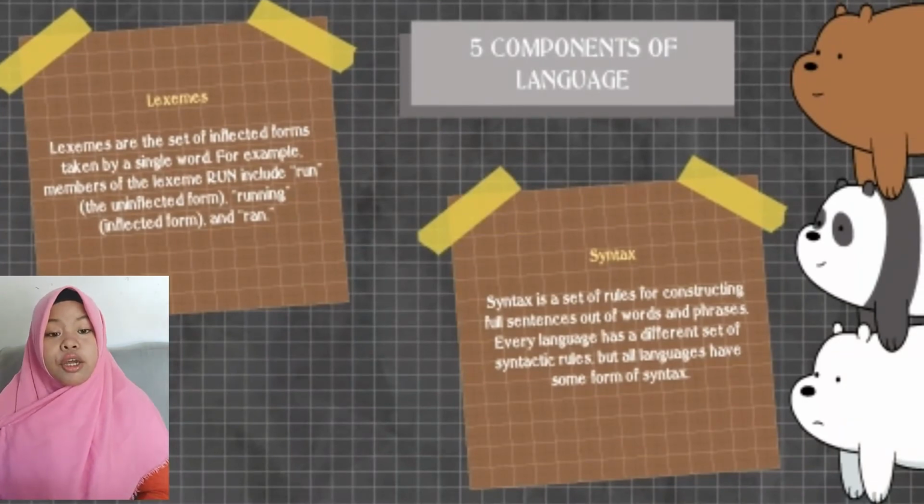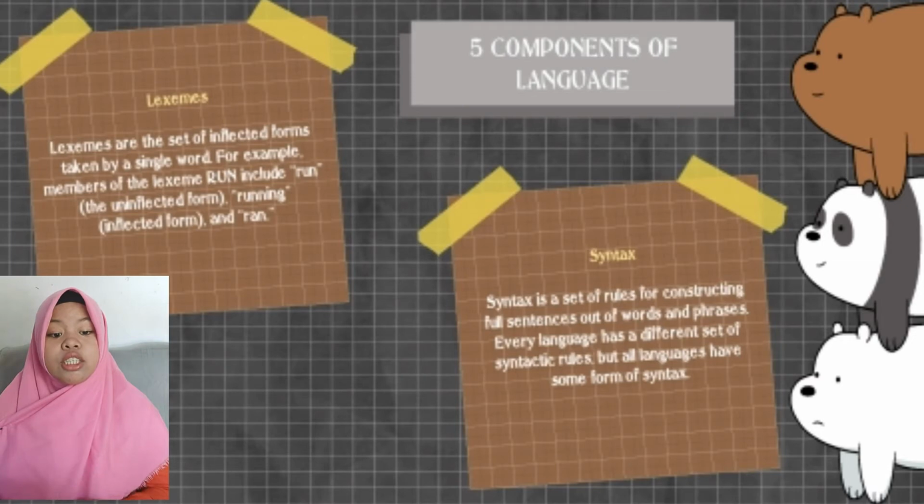Okay, the third component of language is lexemes. Lexemes are the set of inflected forms taken by a single word. For example, members of the lexeme run include run, running, and ran. And the next component is syntax.